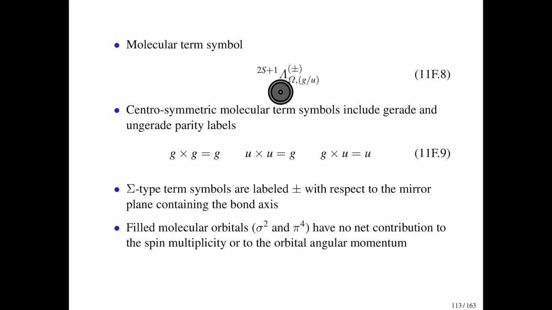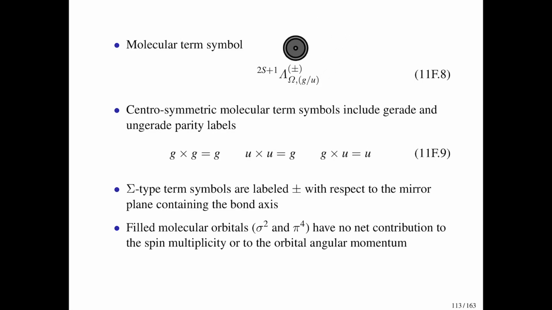If you have a centrosymmetric molecule, that is one that has an inversion center, then you can also apply this gerade/ungerade parity label. That's why it's in parentheses. So that isn't always present, but it is present for molecules that have an inversion center.